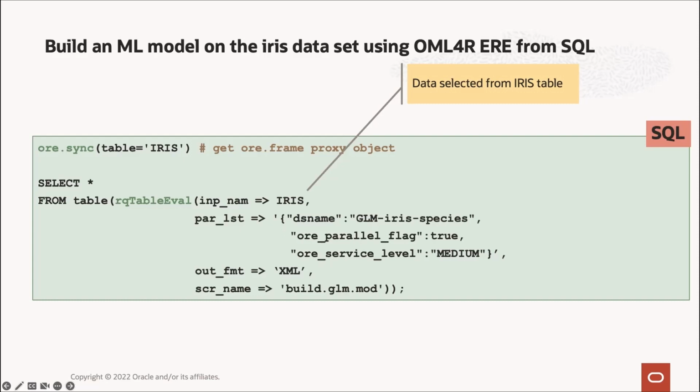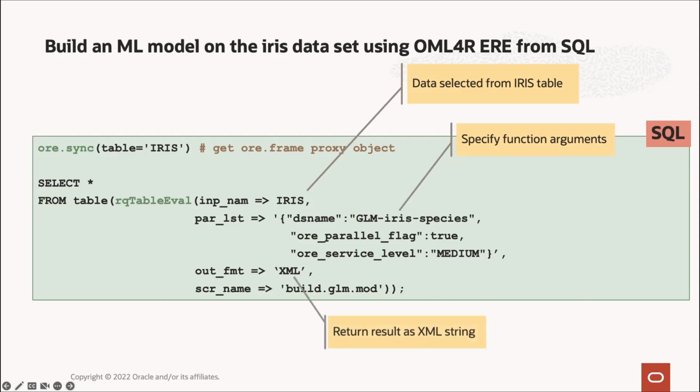We can then set the output format to XML and input the UDF saved to the script repository. This will invoke the build GLM mod UDF using a database spawned R engine and return the resulting model in an XML format.